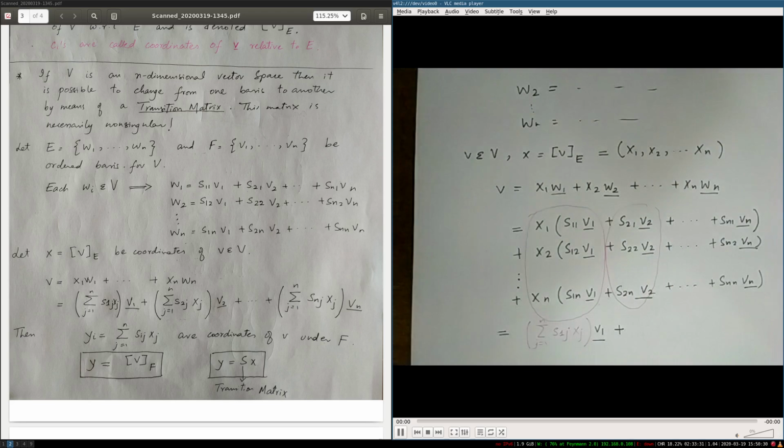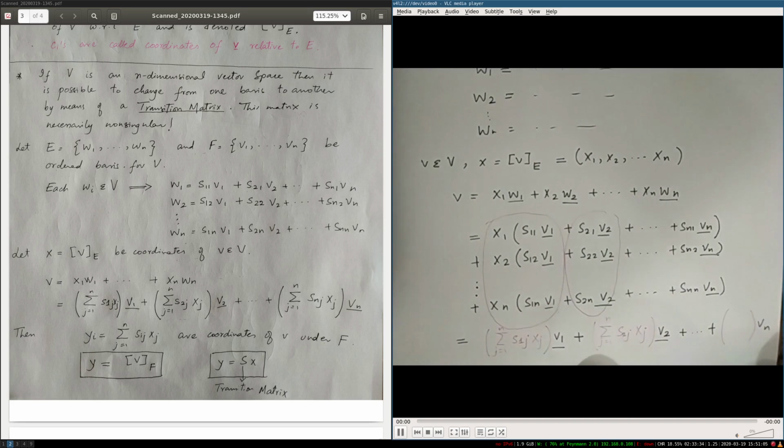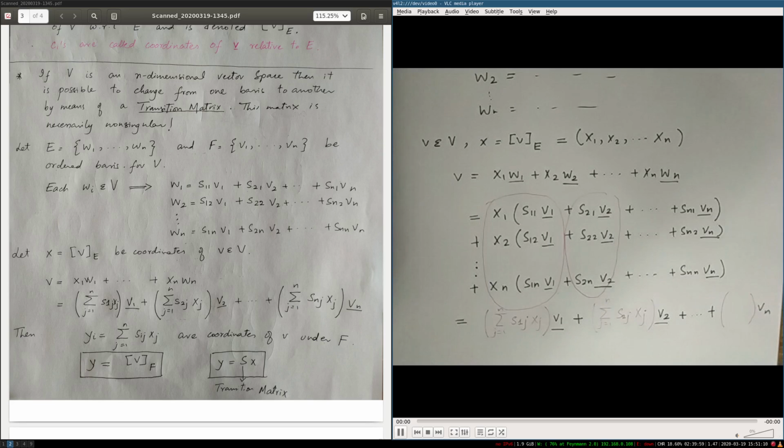If I repeat it, then that becomes summation j goes from 1 to n s2j xj and v2, and the remaining terms can be written exactly like that, and the last one will be just vn and some scalar written in the summation form, right? So what have we done?